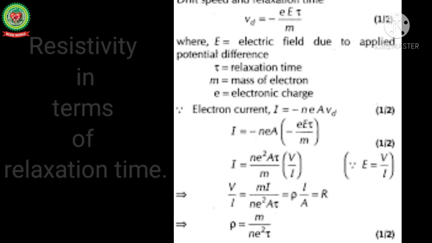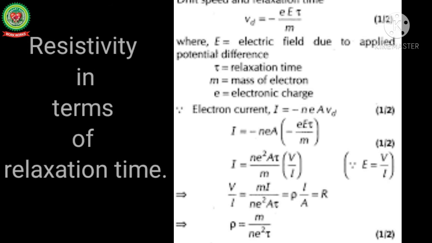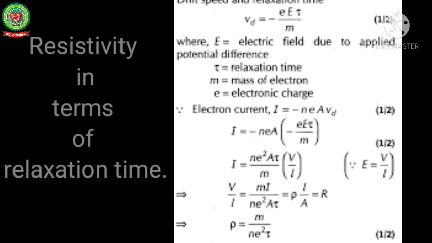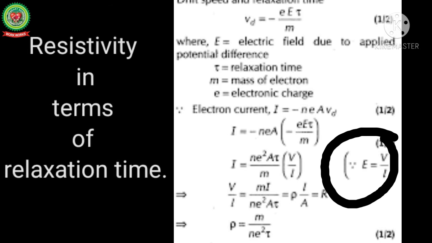Now students, let's further start with the article. Electron current is given by the relation I equal to neAVd. On putting the value of Vd, we will get I equal to ne squared A tau over m into V over L. Here students, we have taken E as V over L. On rearranging all the quantities, we will get a constant quantity known as rho and its value is given by m over ne squared tau.